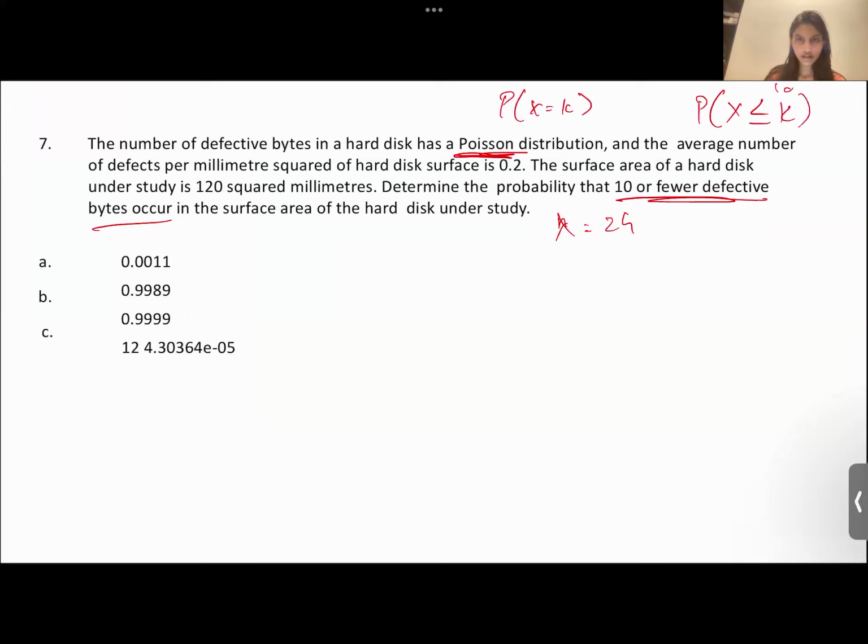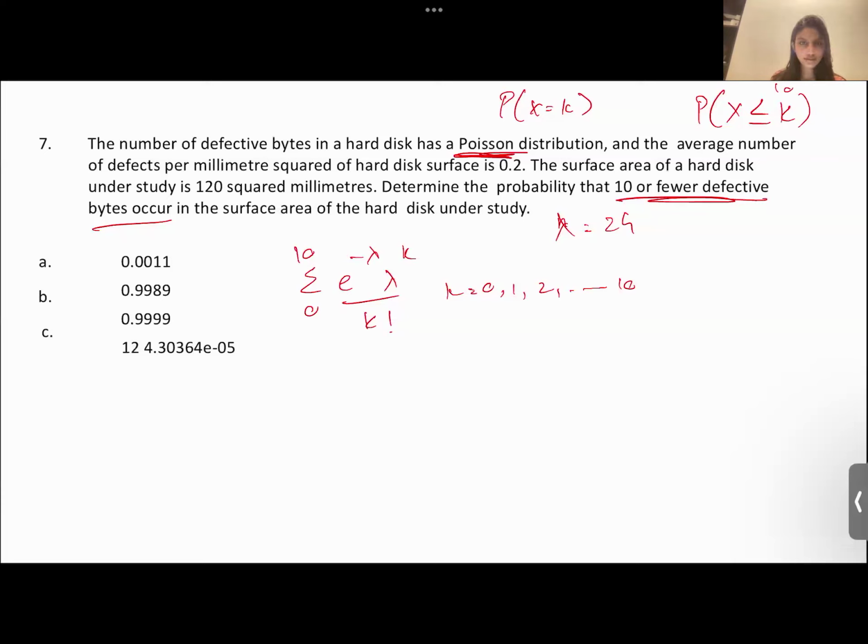Mathematically, you do the summation from 0 to 10 of e power minus lambda, lambda power k divided by k factorial, where k is equal to 0, 1, 2 until 10. You have to sit and apply the summation for all of these.